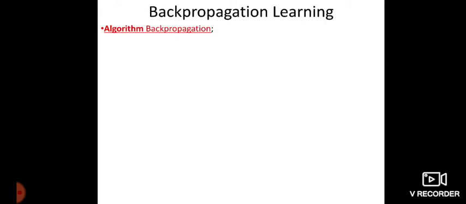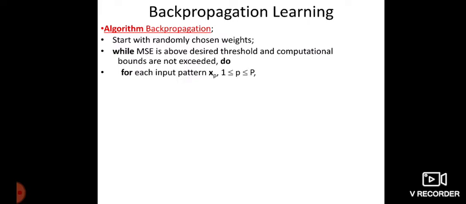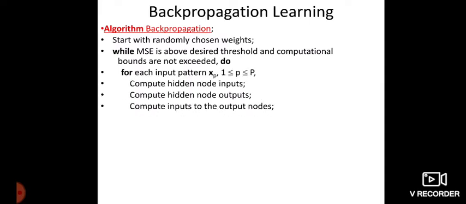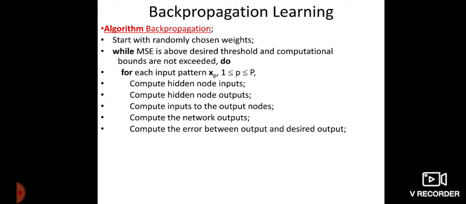The backward learning algorithm is divided into multiple steps. We need to calculate the hidden node input. We need to compute the hidden node output. We need to compute the input to the output node and also compute the network output. And then at the end, we compute the error between the output and the desired output.